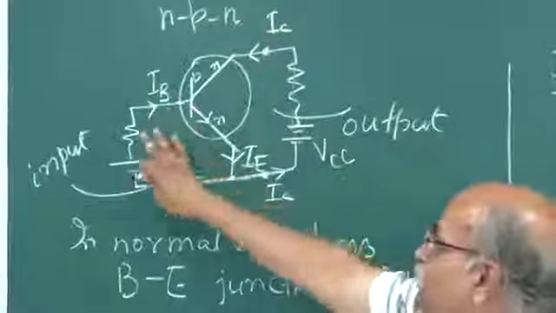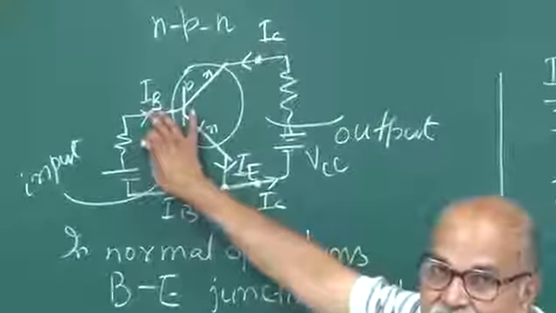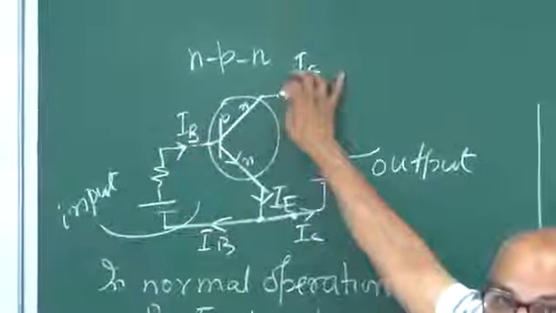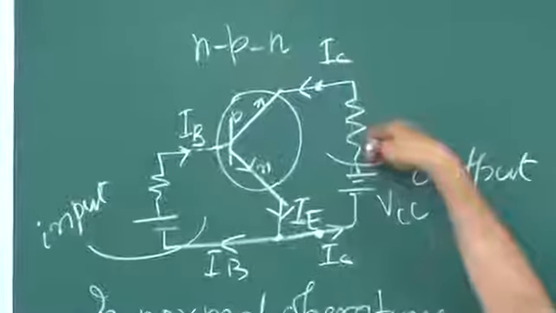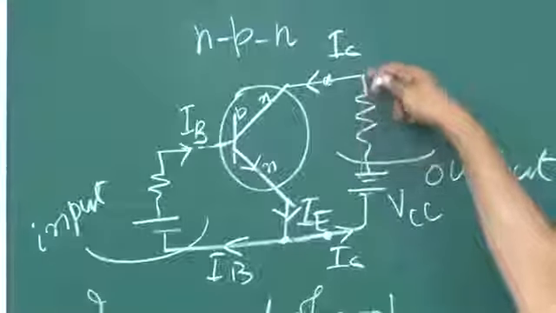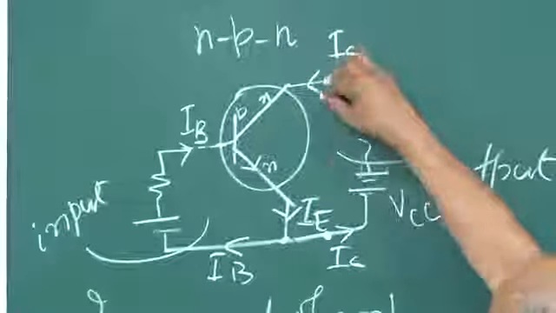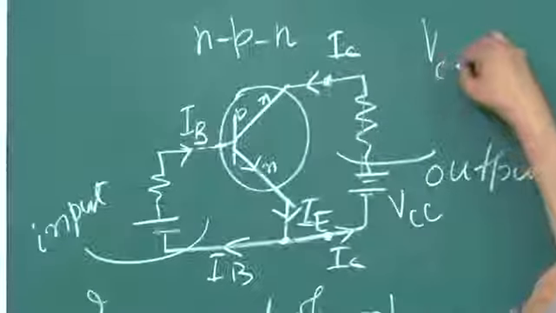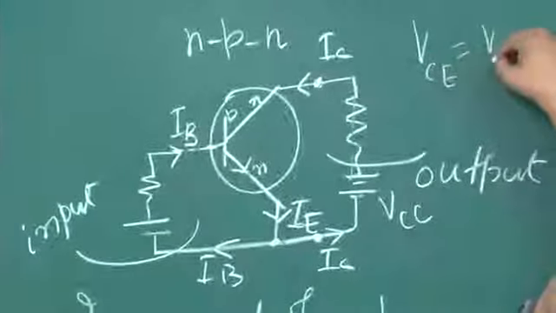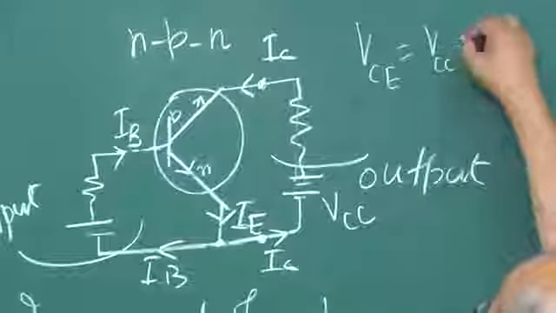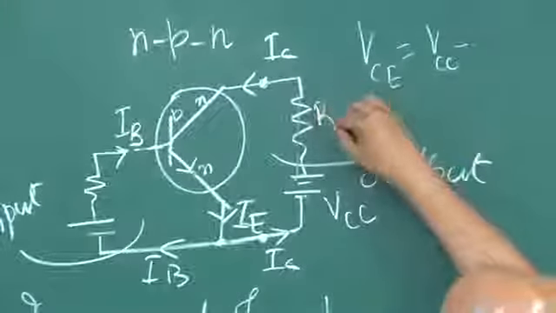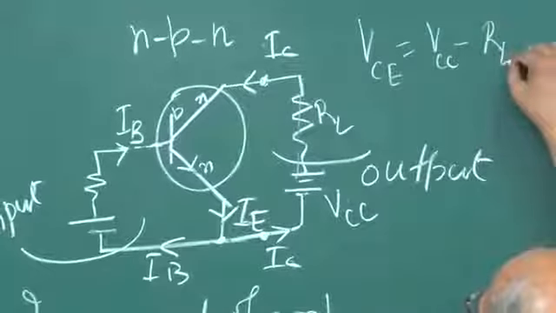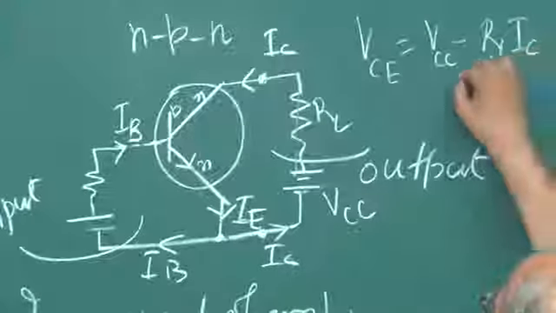If you have a good amount of IB, and beta times IB is IC, so that much current is going through here, you do have a potential drop here. So, the potential between C and E, VCE, will be VCC minus, if you call it RL, minus RL times IC.